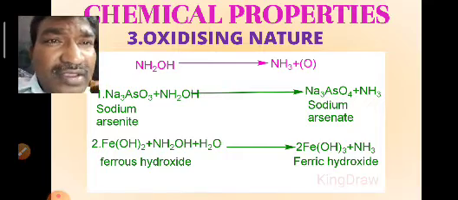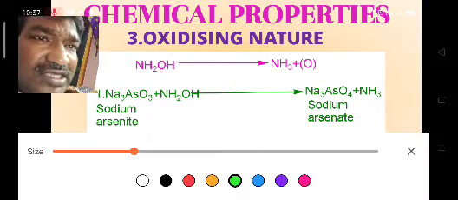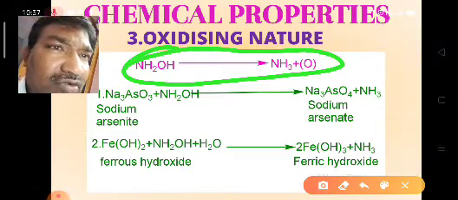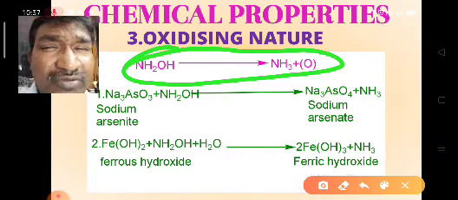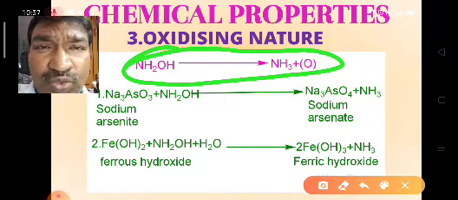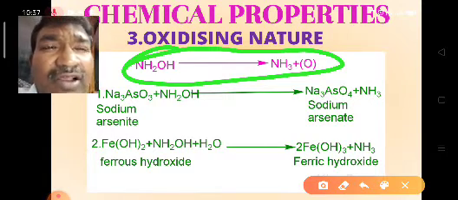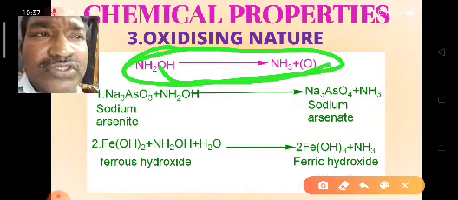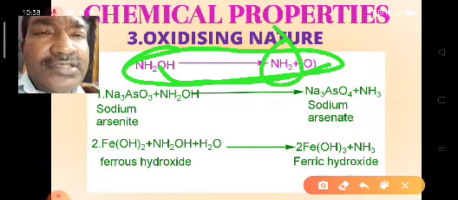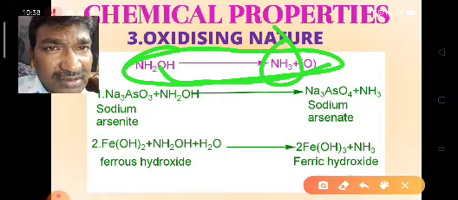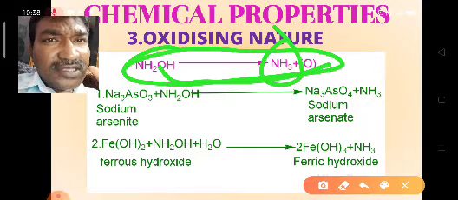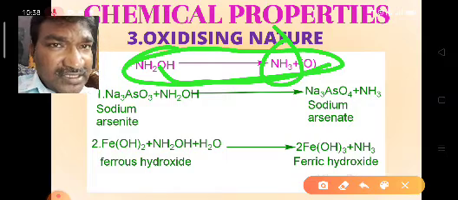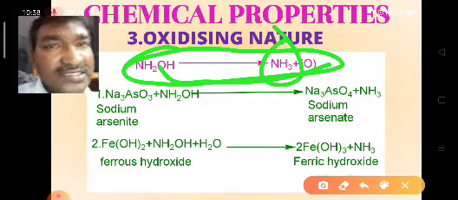So look here, this is the reaction that shows the oxidizing nature of hydroxylamine. This is very easy to remember. The hydroxylamine formula is NH2OH. When it decomposes, oxygen comes out of the formula, so we get an oxygen atom and ammonia. Hydroxylamine on decomposition gives nascent oxygen atoms and ammonia. So when hydroxylamine acts as an oxidizing agent, we get ammonia as the side product.